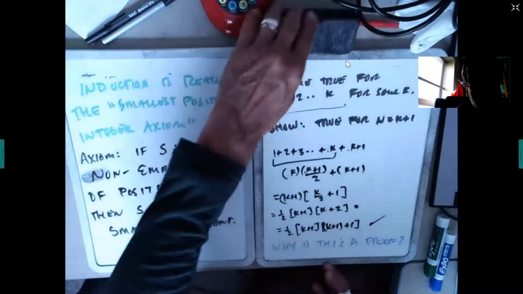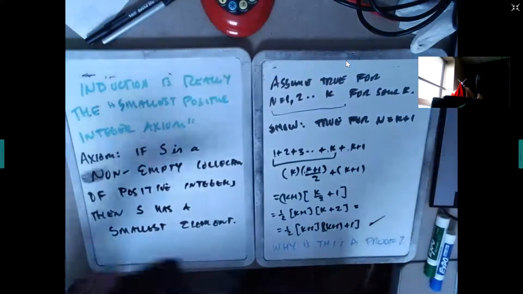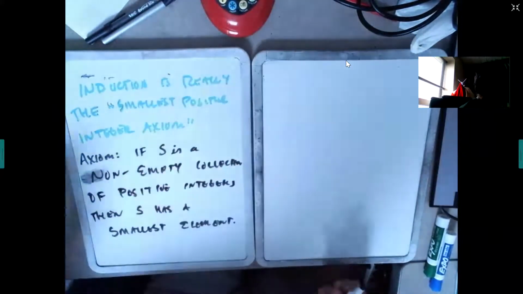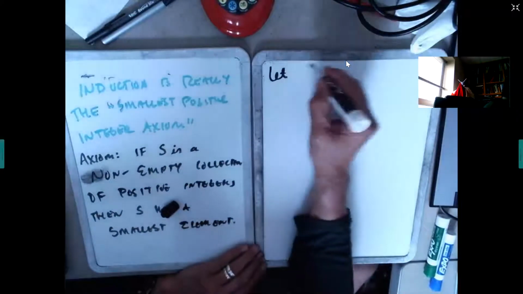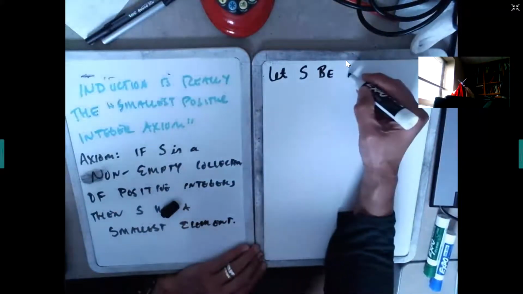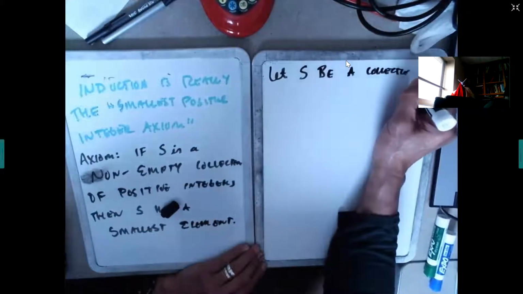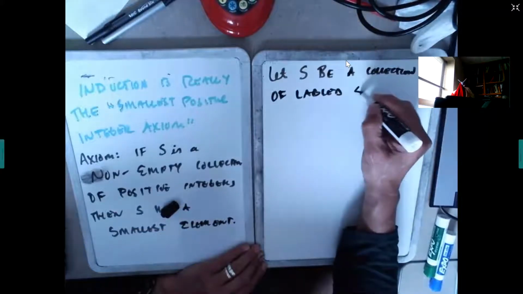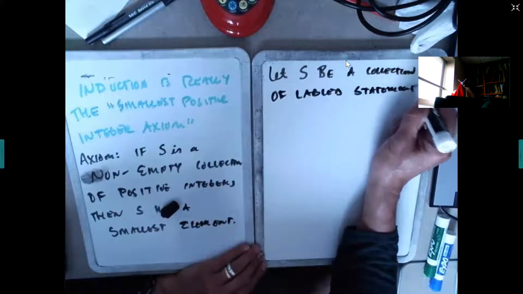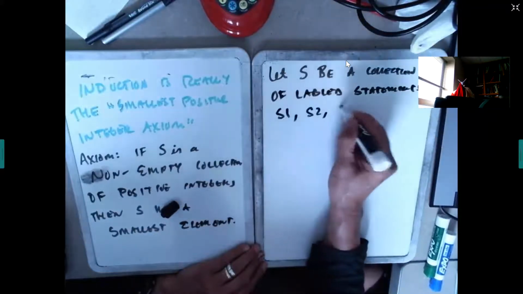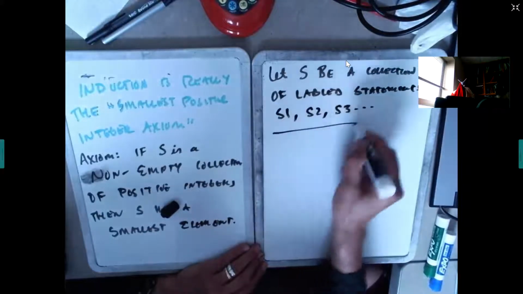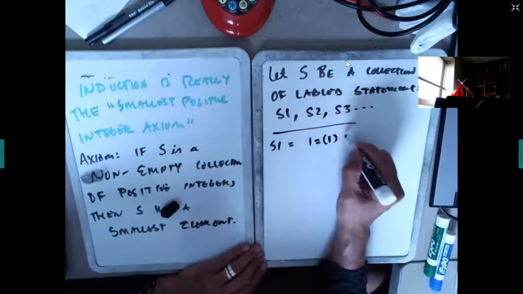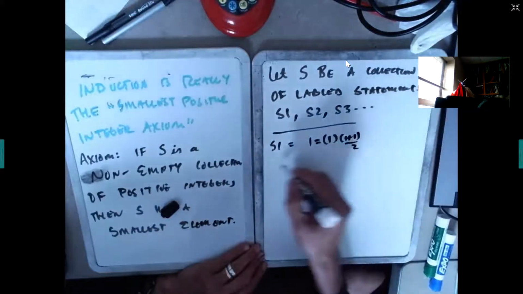So when you have an induction argument like this, what's really going on is as follows. You let S be a collection of labeled statements: S1, S2, S3, and so forth. In our example, S1 is the statement that 1 is equal to 1 times (1 plus 1) over 2.